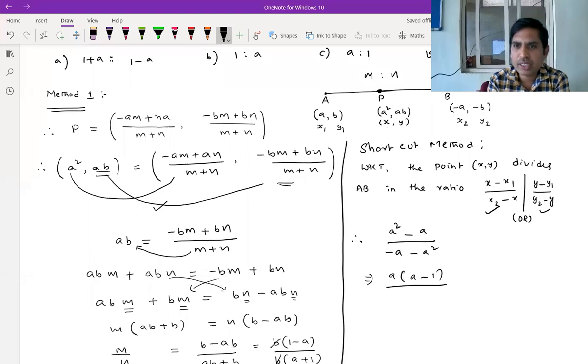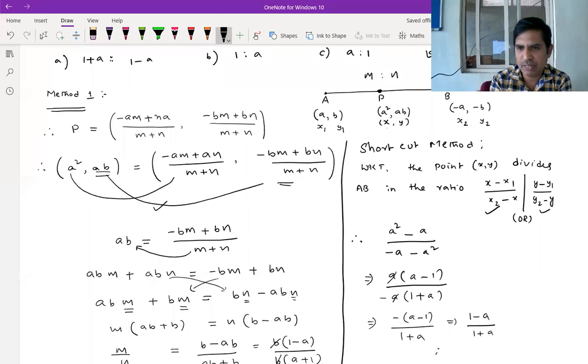In the denominator, what is common? Minus a taken common. What will we get? 1 plus a. The a gets cancelled. What are you getting? Minus a minus 1 by 1 plus a. If you multiply this minus inside, what will we get? 1 minus a by 1 plus a. Therefore, the ratio we are getting is 1 minus a by 1 plus a.